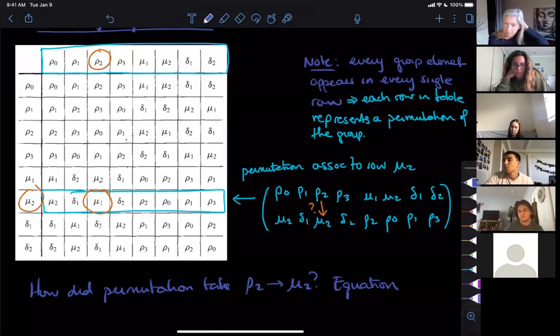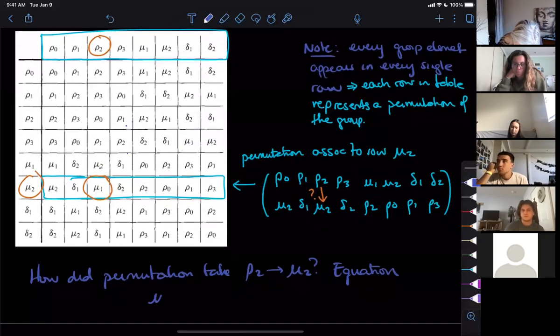What does it mean to be in that position of the table? Is it just rho 2 star mu2? Yes, but the other way around, because the thing on the left goes before the thing on the top. So it's going to be mu2 composed with rho 2 is mu1.